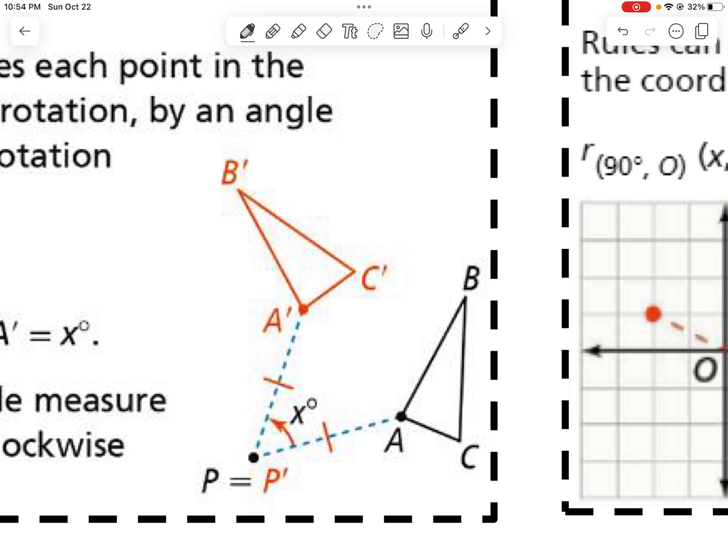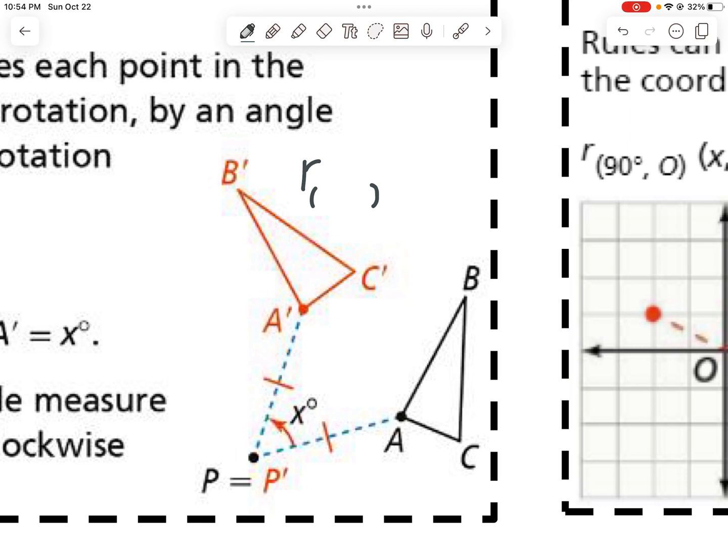If you remember, in the last one, I used capital R for a reflection. We cannot use capital R this time, so instead we're going to use a lowercase r for a rotation. With our subscript, we're going to put parentheses around that. We're not putting coordinates, although it might look like coordinates.